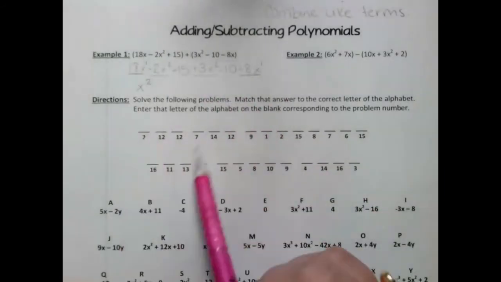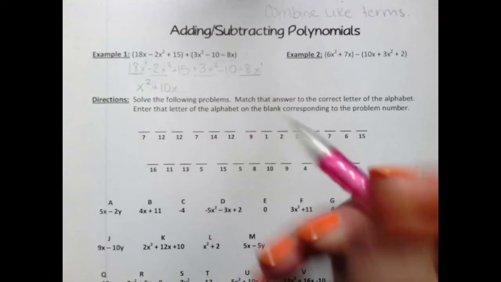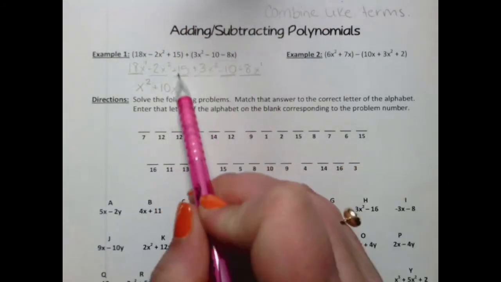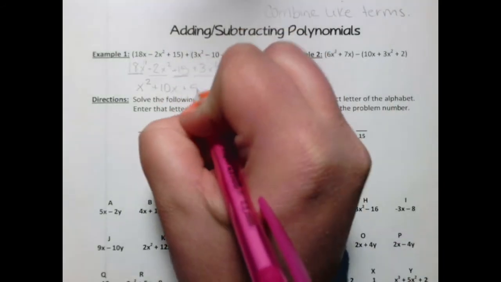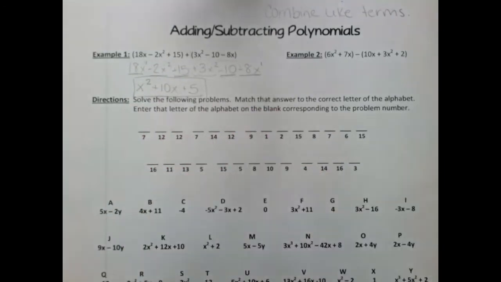So 18x plus negative 8x gives me positive 10x. And then what I'm left with, I have positive 15 and negative 10. Positive 15 plus negative 10 gives me positive 5. And then that will be your answer, x squared plus 10x plus 5.